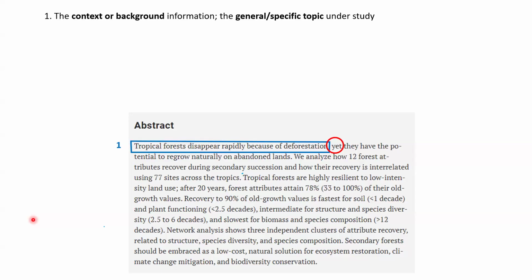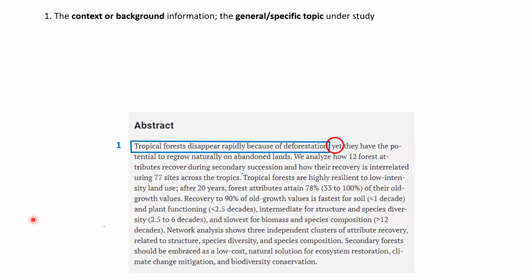And the second part, "yet they have the potential to regrow naturally on abandoned lands." Now, how does the researcher know that it has a potential? Because he has gone through the previous work, right? He has gone through the previous work, and he has found that these tropical forests have the potential to regrow naturally on abandoned land, right?